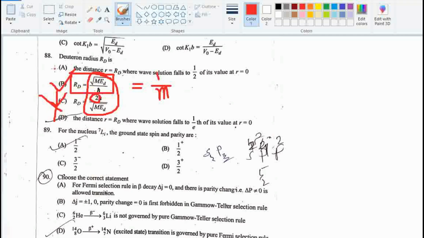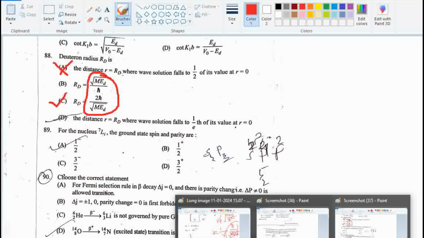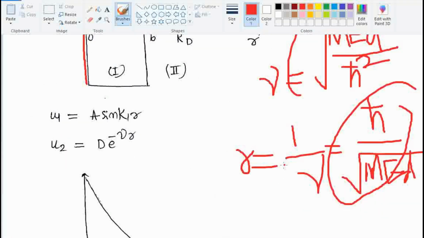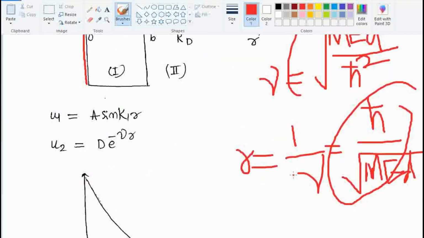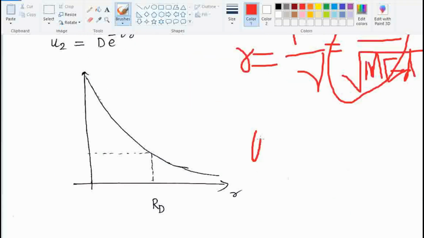Now you see option A, where it is given that the distance r equal to rd, where the wave function falls to 1 by 2. No, this is not correct, because we just have seen that to find the radius, we have to take r equal to 1 by gamma. If you take r equal to 1 by gamma, then your wave function becomes u2 equal to d by e.